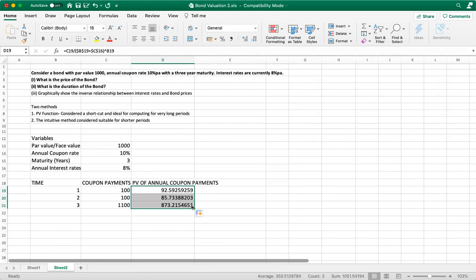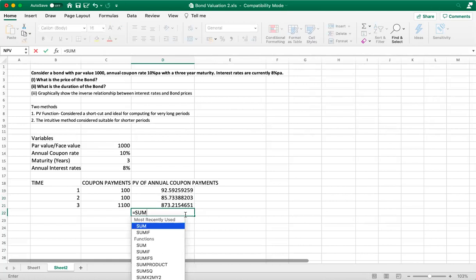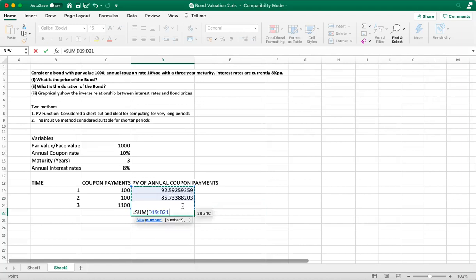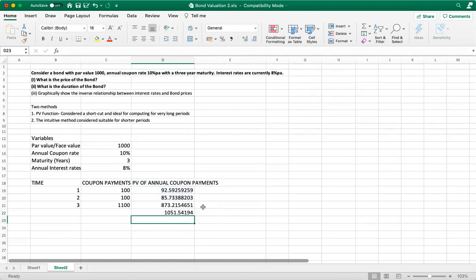So we now have the discounted amounts. So the next thing you do, if you recall, we said the summation of the discounted cash flows. So we say equals sum, brackets, then you sum, and it gives you 1,051.54.